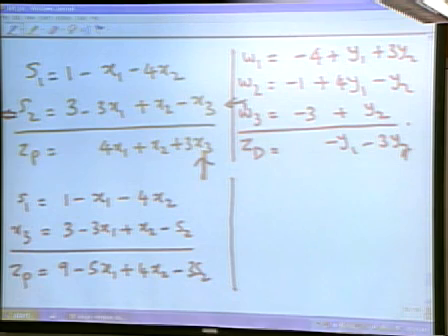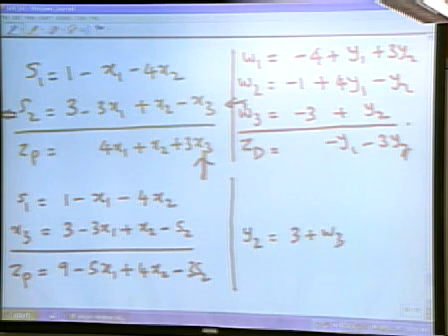So therefore, what should the third equation be? y2 equals 3 plus w3.